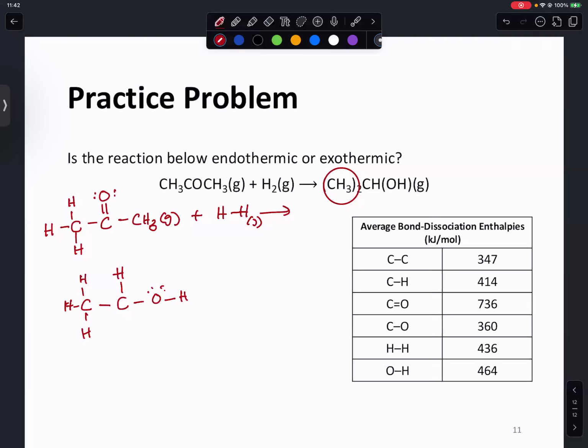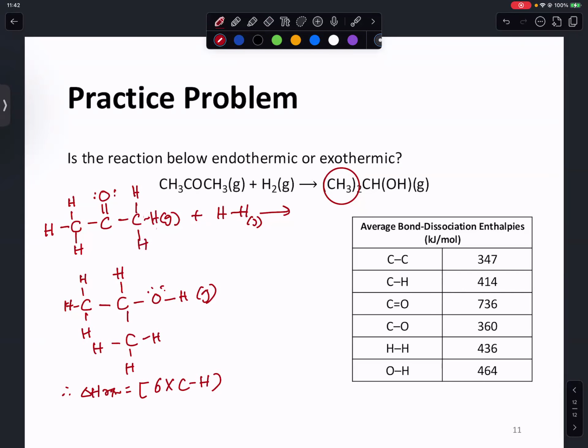I have a separate video on how to draw out the Lewis structures of simple organic compounds, so you can reference that. And this is the only product gas. Therefore, delta H reaction is the 6 times CH. Oh, I wrote here CH3, and I should draw it out.